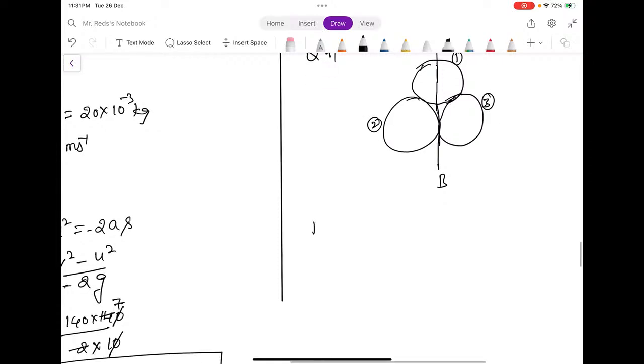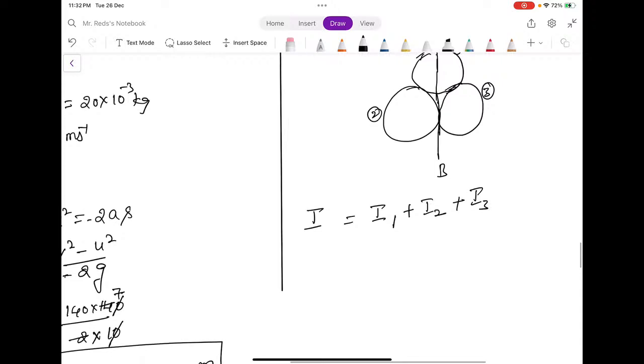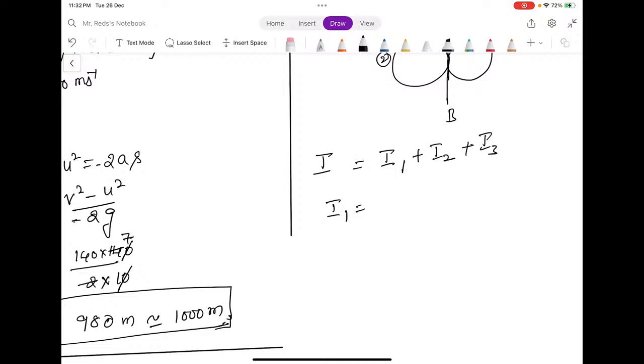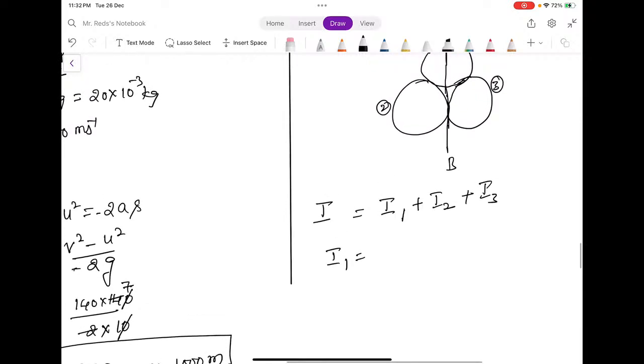So you can write the moment of inertia of the system is equal to the moment of inertia of the first disc plus that of the second disc plus that of the third disc. The axis is acting like a diameter for the first disc. The moment of inertia of a disc about its axis is mr square by 2; you have to remember this basic formula, guys.